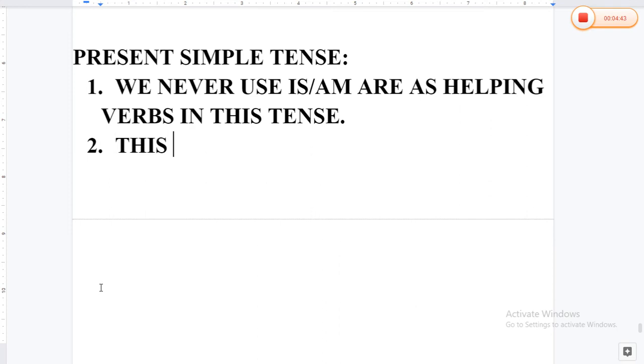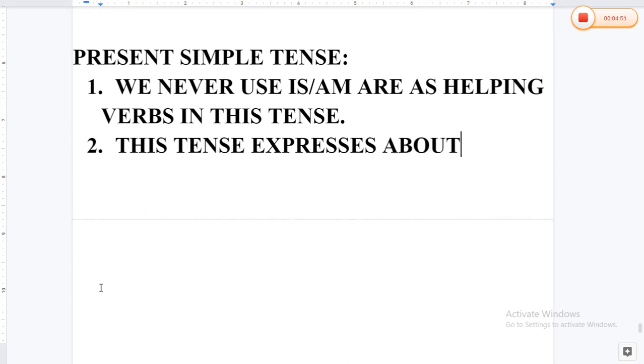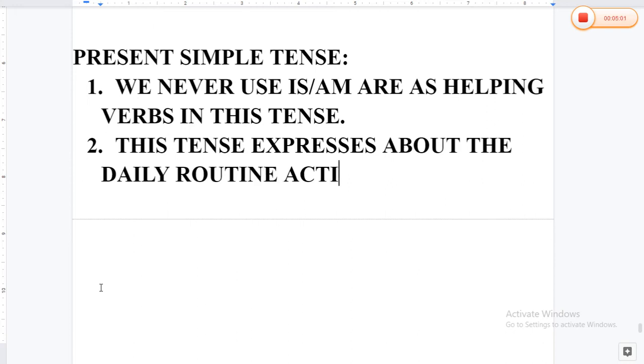This tense expresses regular daily routine actions or habitual actions.